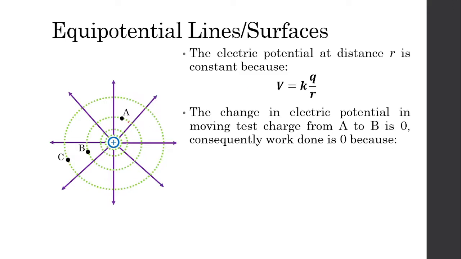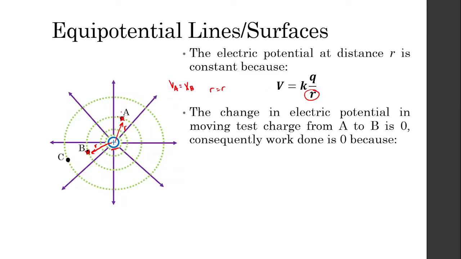The reason for that is because the electric potential at this point in A and the electric potential at this point in B, VA is equal to VB. The reason for that is because the distance from the charge to A and the distance from the charge to B is actually equal. So if this is equal, and your Q is not changing, because this is your Q, and your k is constant, what happens is that VA is just VB.